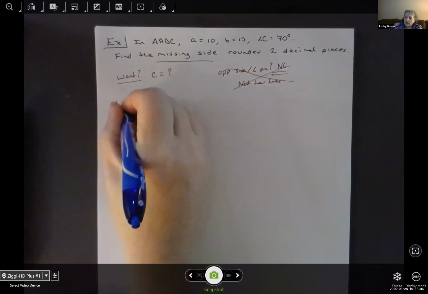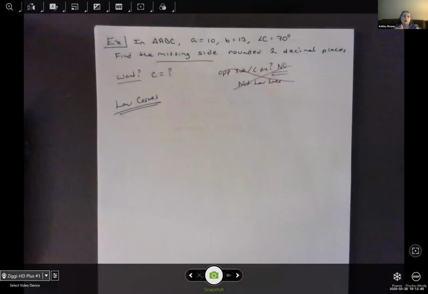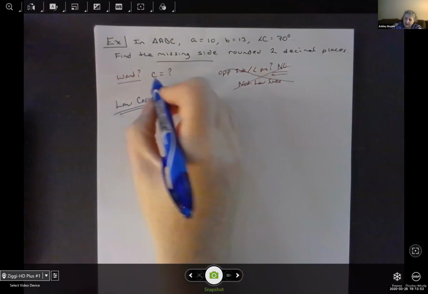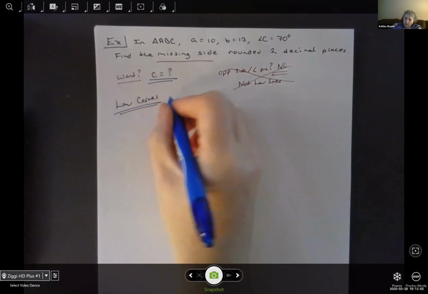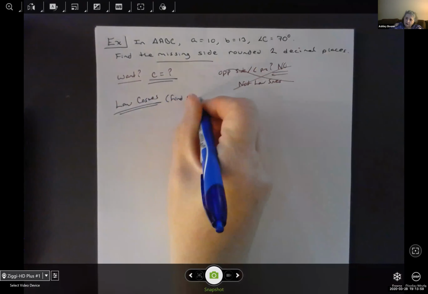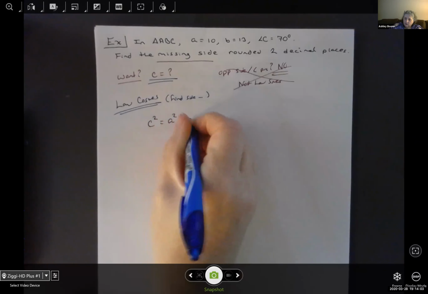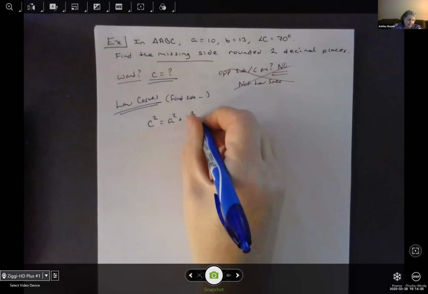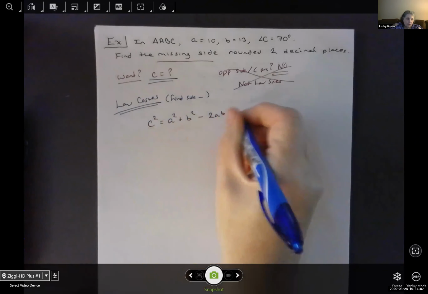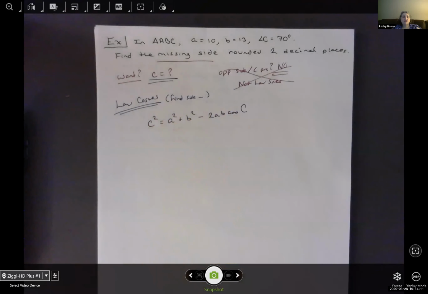Now, we have two versions of the law of cosines. One of them involves finding a side. We're looking for a side. So when you want to find a side, you use the version that is c squared equals a squared plus b squared minus 2ab cosine of angle C. Do we have enough information to use it?